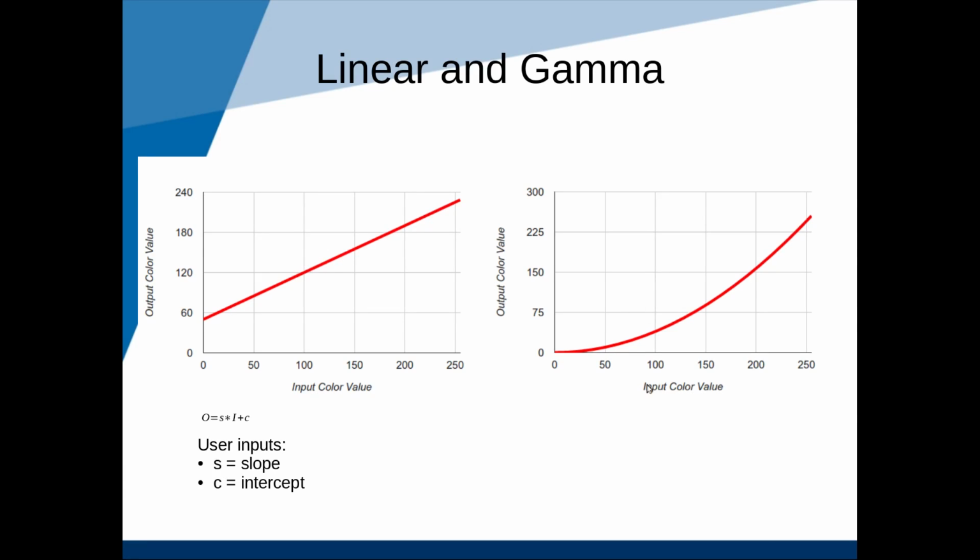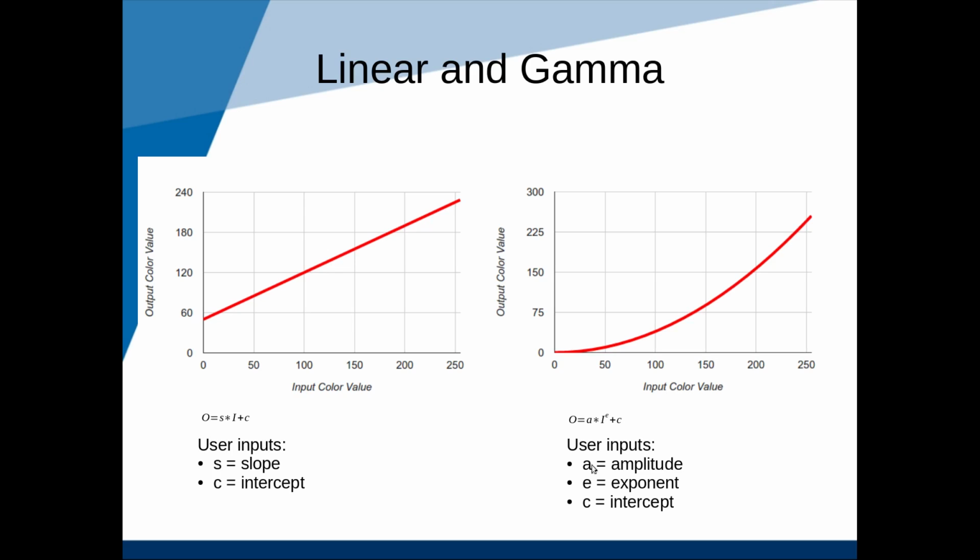As for the function on the right, similarly to the linear function, I can look up the output value as a function of the input value by using this table to look it up. The function for this line is given by the function O, output, is equal to the amplitude multiplied by the input to the power of the exponent plus the intercept.